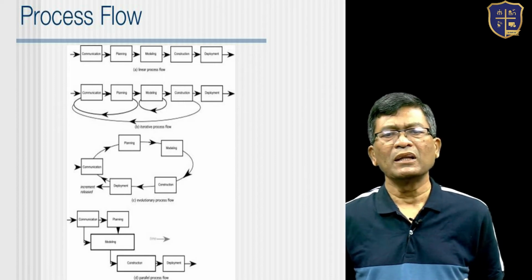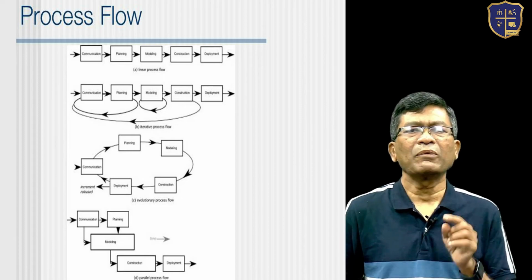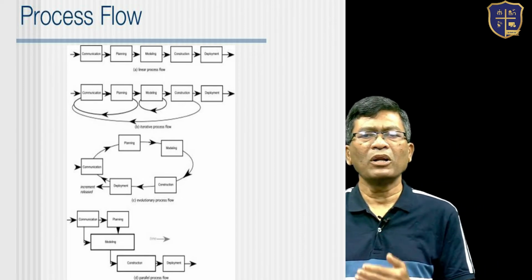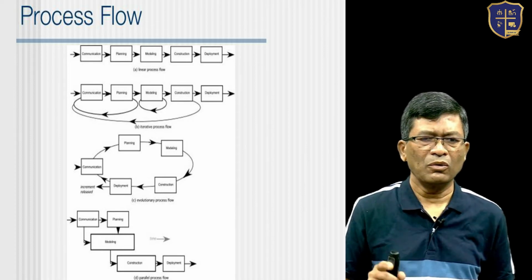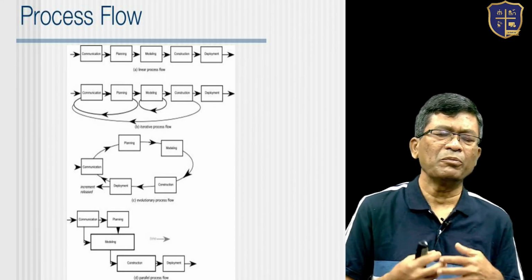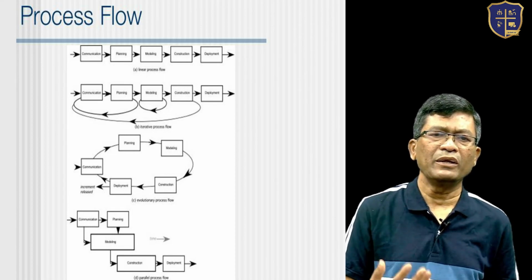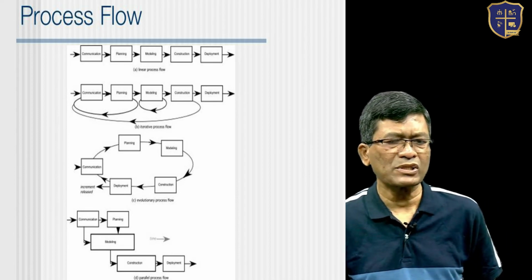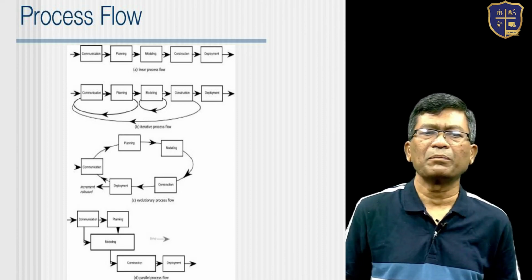And also there is another: the entire process of development, right from communication, planning, modeling, construction and deployment, will go through evolution. One by one, an increment can be done. Step by step you make the software, you have version 1, version 2, version 3. Windows has got so many versions today, right? So that is the way in which also software is developed.